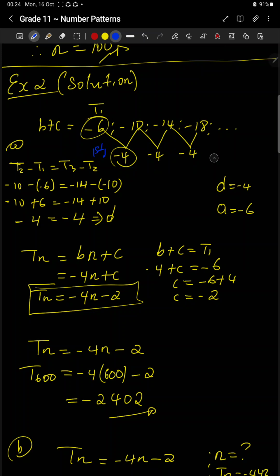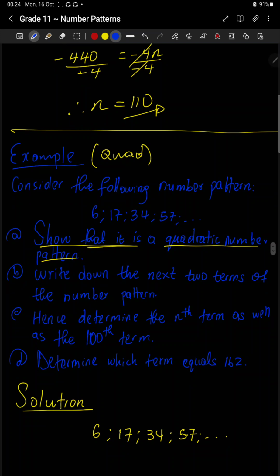Therefore, in a quadratic, the constant difference is going to be the second one, not the first one. So a quadratic is going to have 2 differences. We're going to have the first difference, which is not common, and the second one, which will be common. This is how we show that the sequence is a quadratic.